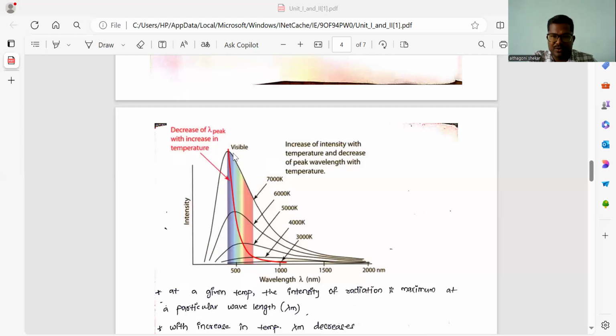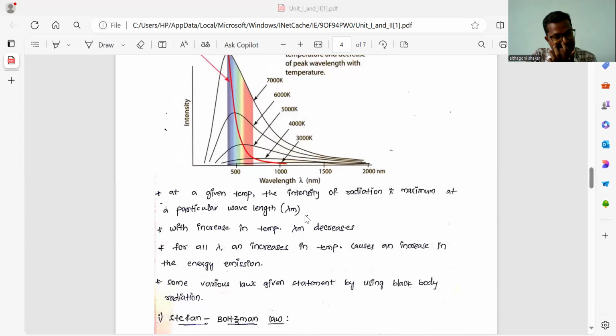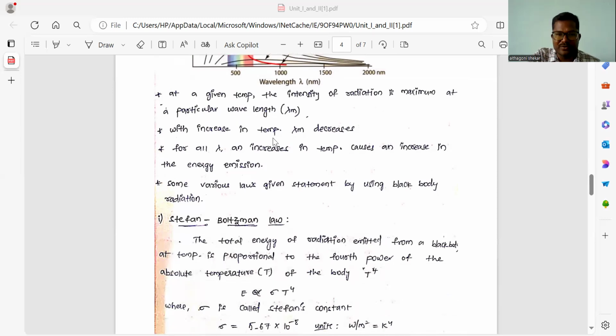Increasing the wavelength along the same 7000 Kelvin spectrum, intensity decreases. So the Rayleigh-Jeans law works only for longer wavelength spectrum lines, not for shorter wavelength spectrum lines.